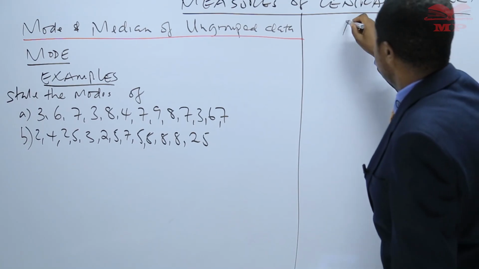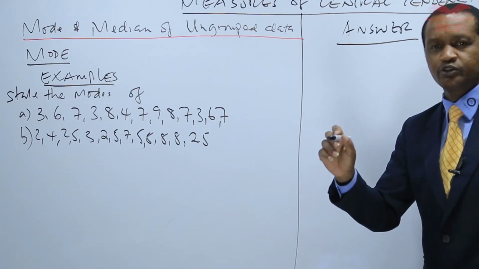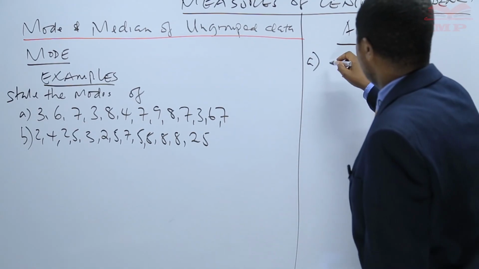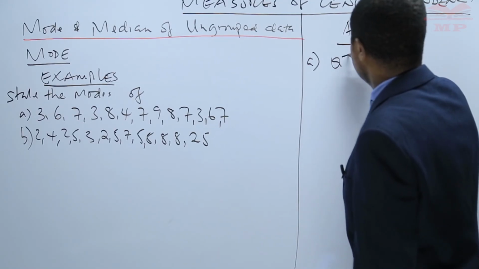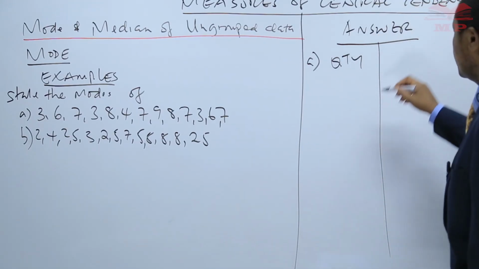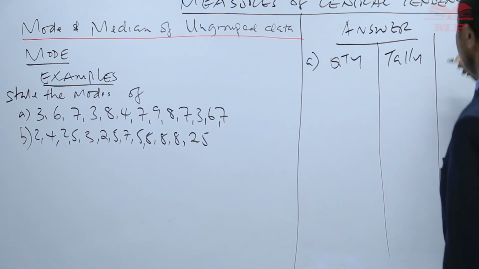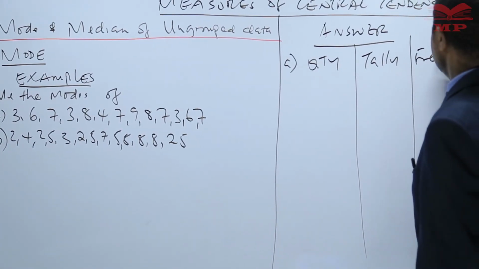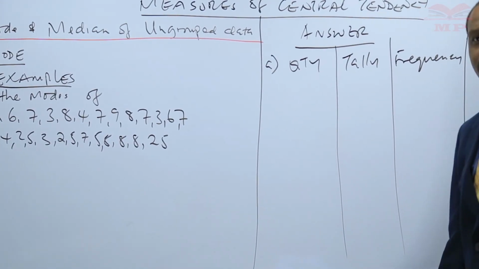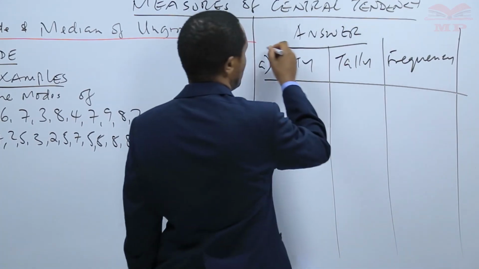So in answering A, we will first draw a frequency distribution table where we'll have a column for quantities, a column for the tally, then the frequency. This will help us identify the values that appear most, the mode.